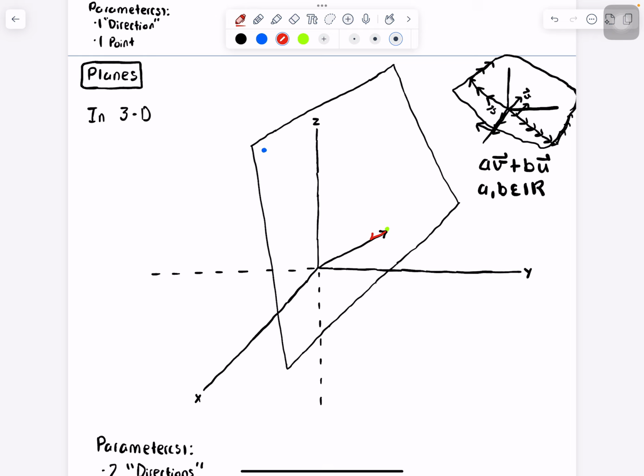So this one, and I'll choose another color, let's say purple, and this one. So let's call this one U, and this one V. Actually, I'm going to make U point this way. It doesn't really matter. And then V will be in this direction.